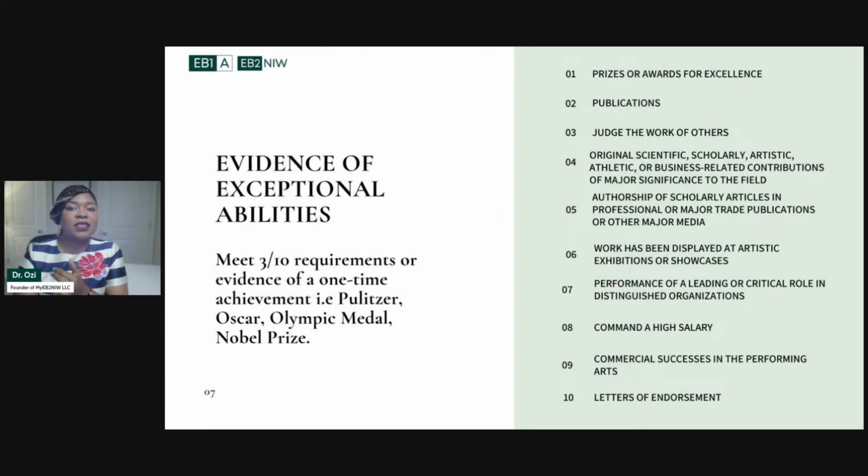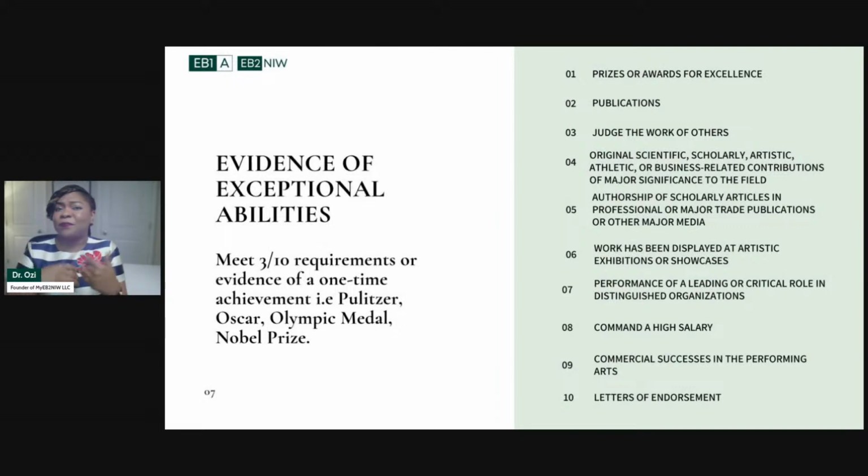The first thing is prizes or awards for excellence, right? Now, we'll have consultations and people will say, okay, I got a prize or an award in my company, or I got a prize in a small group that I lead. We're talking about international awards, so issued by international organizations, right? The bigger the organization, the better, basically, for this, because we're trying to say that you're top in your field and that you're recognized internationally, right?